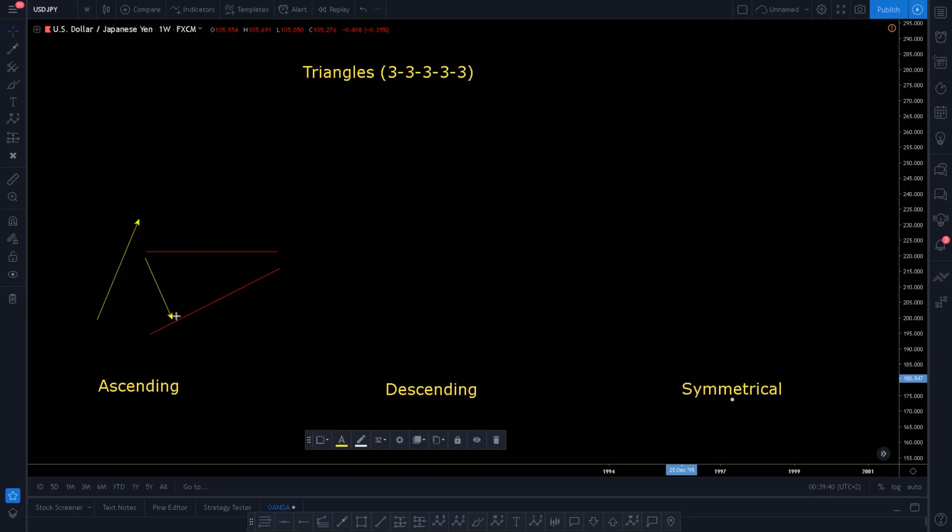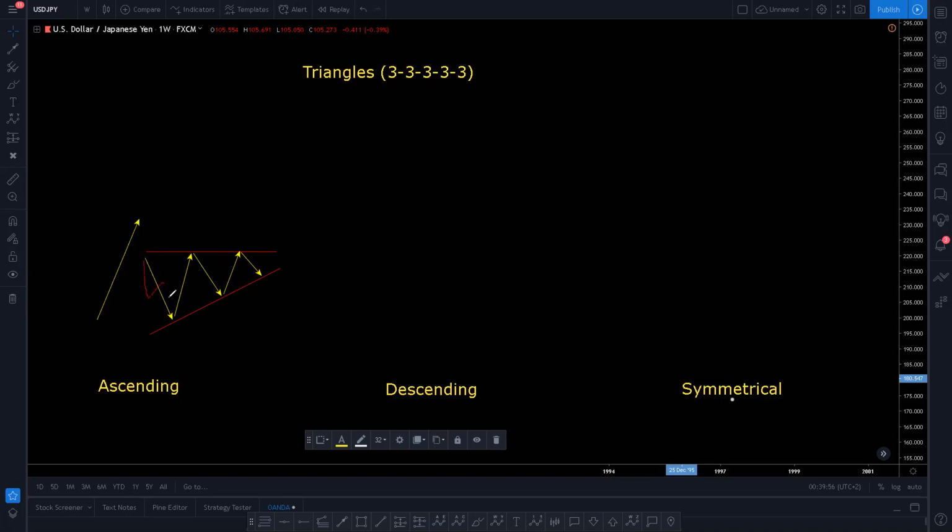You have your wave A, you have wave B, you have wave C, you have wave D, and then you have wave E. In these legs you have 3 lower degree waves.